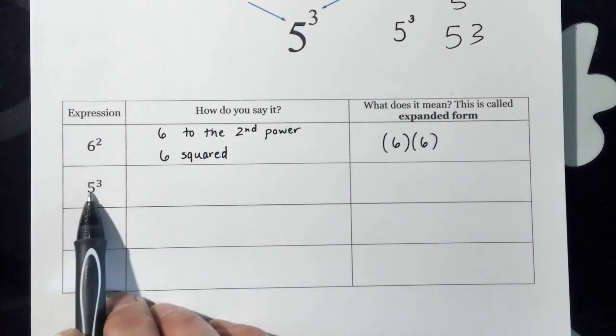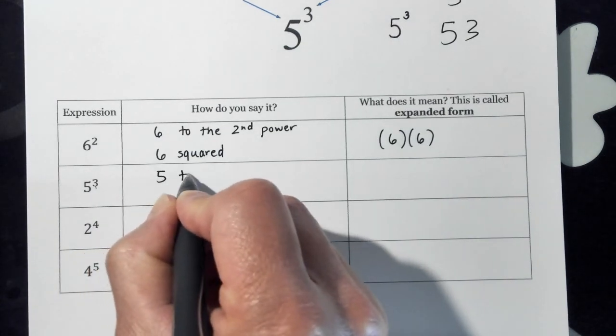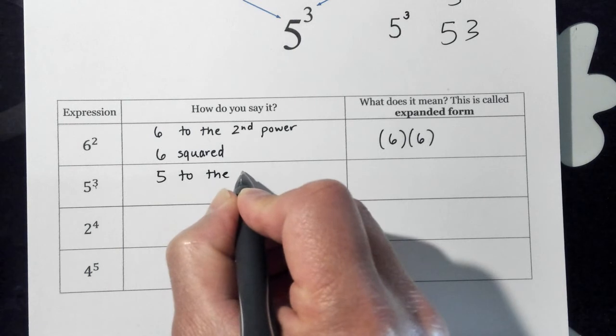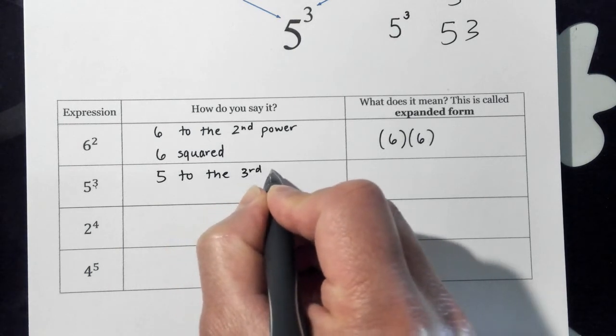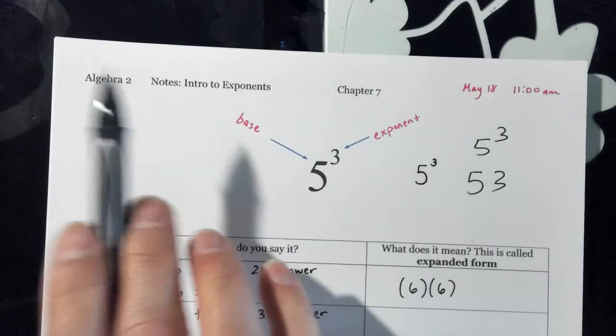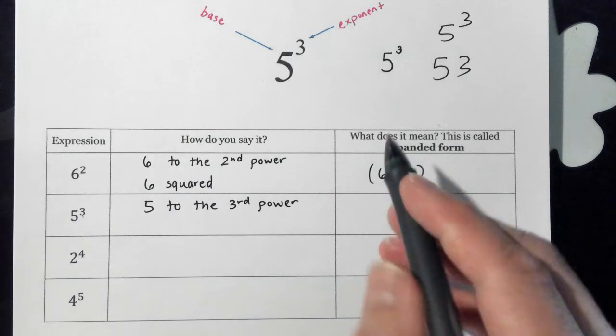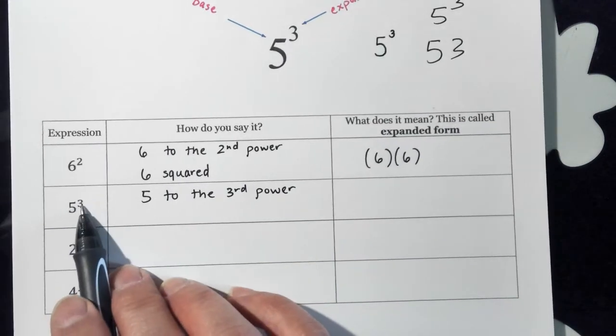This one, 5 to the third power. By the way, if you don't have a printer at home, you can just take notes on regular notebook paper, yeah. And what does that mean? It means there's 3 factors of 5.